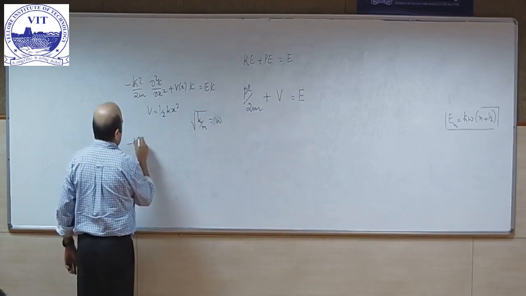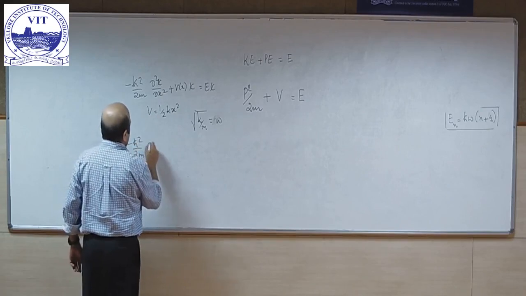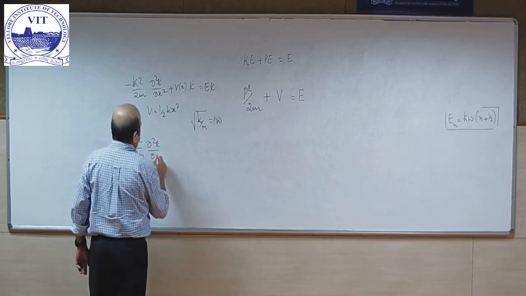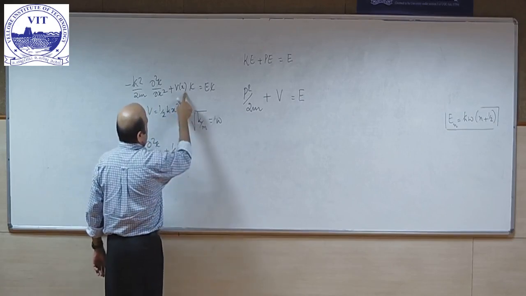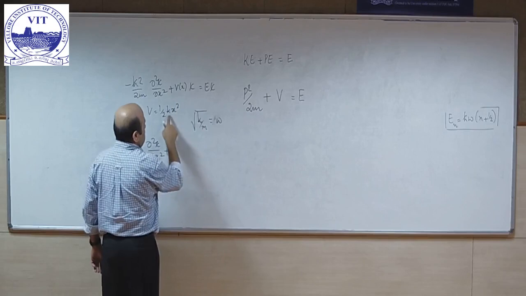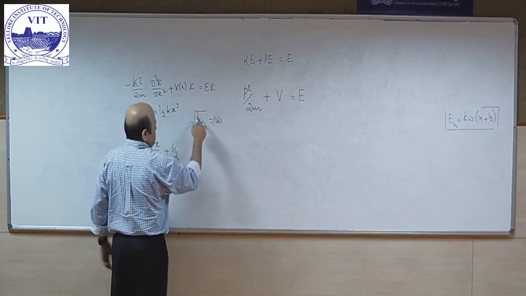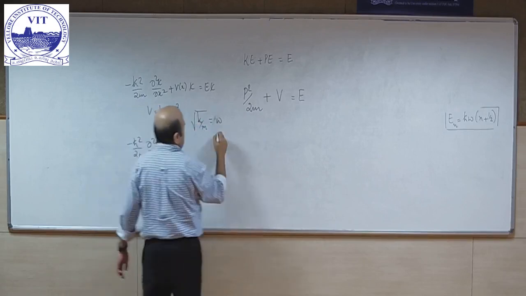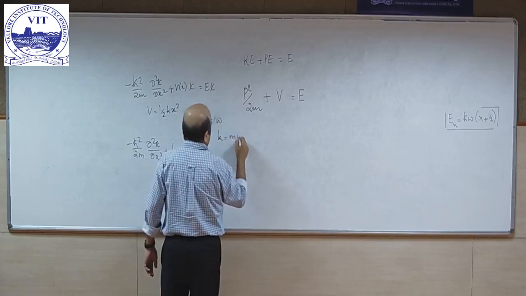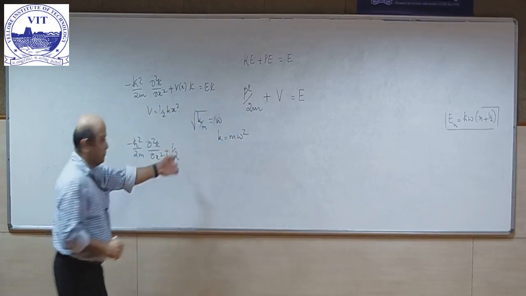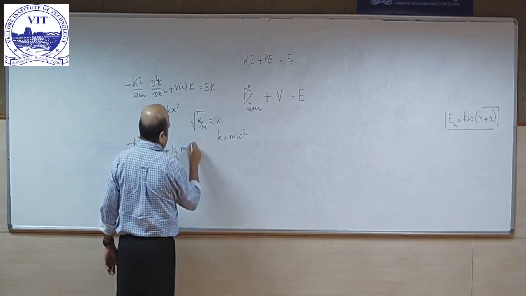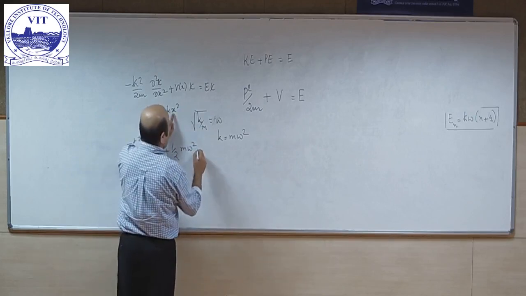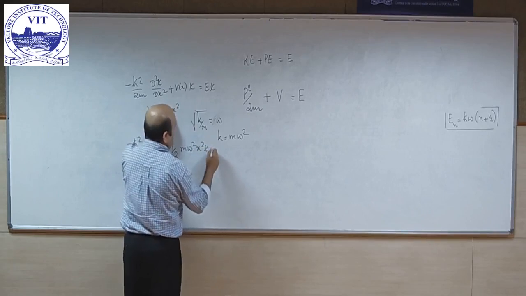Minus h bar square divided by 2m del square psi by del x square plus half k x square psi. k is m omega square, so I can substitute here. So this will be half m omega square x square psi equal to E psi.